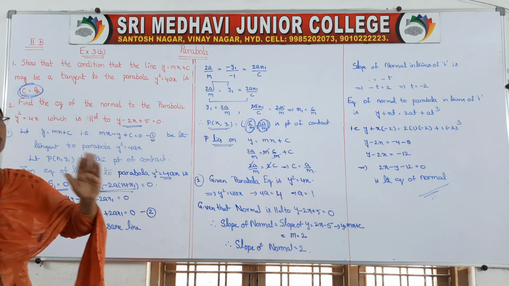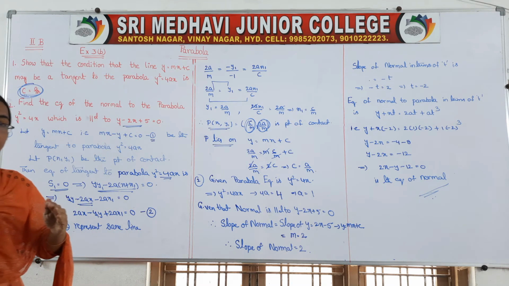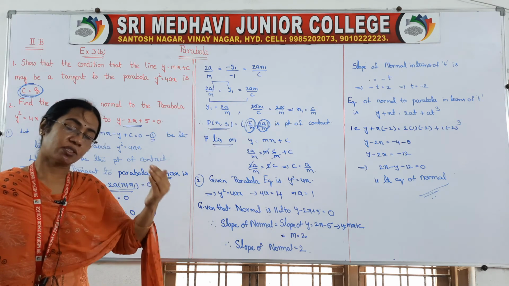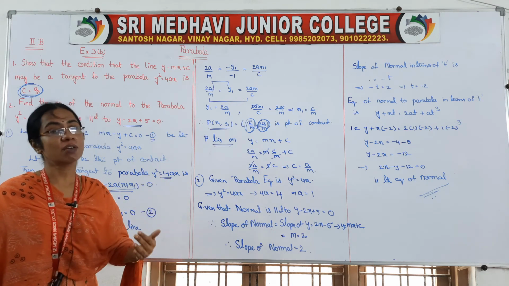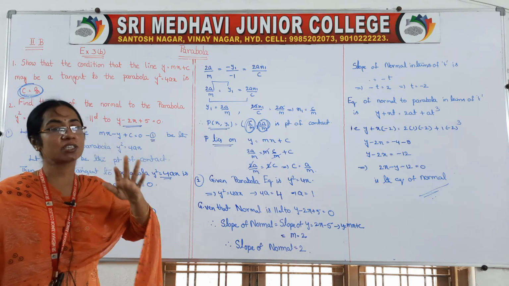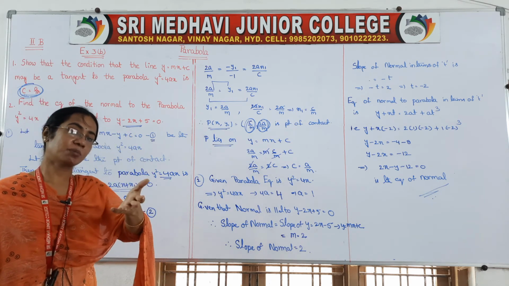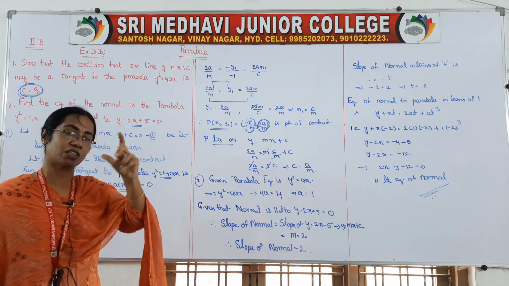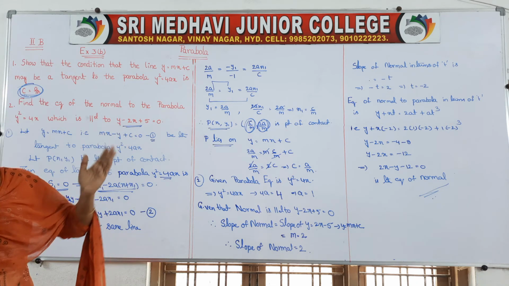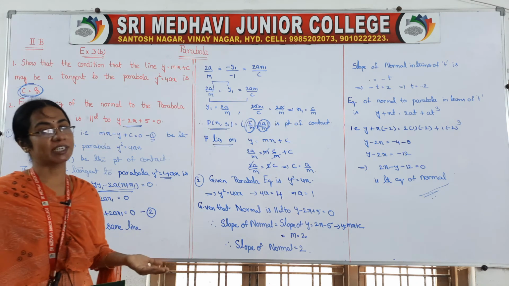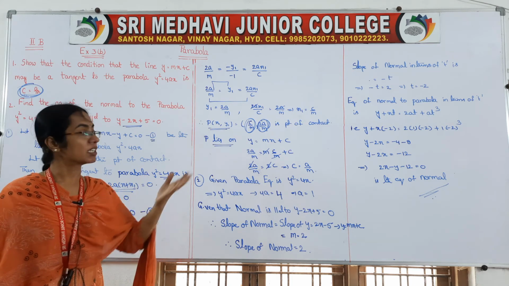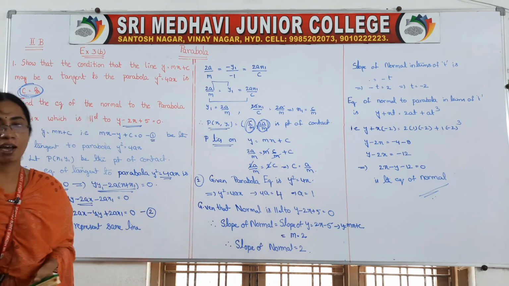Whenever two lines represent the same tangent equation, equate the coefficients of like terms: coefficient of x by coefficient of x is equal to coefficient of y by coefficient of y is equal to constant term by constant term, and try to get x1, y1, which is the point of contact. This point of contact lies on the given tangent equation. Substitute and you will get your answer.